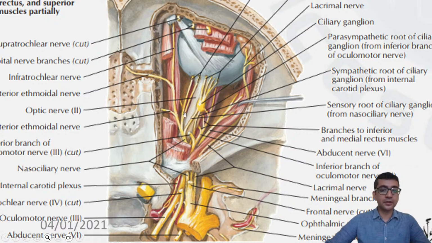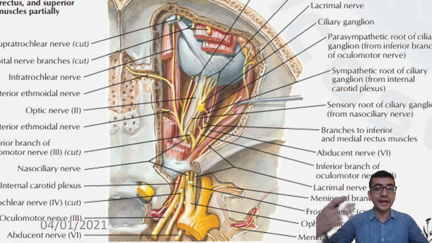The sensory fibers are going from both of these passageways to the eyeball. They will go through the sensory root of the ciliary ganglion, through the ciliary ganglion, through the short ciliary to the eyeball, and they will go directly through long ciliary to the eyeball. And they will go on to supply the eyeball, especially the anterior surface, especially the cornea.